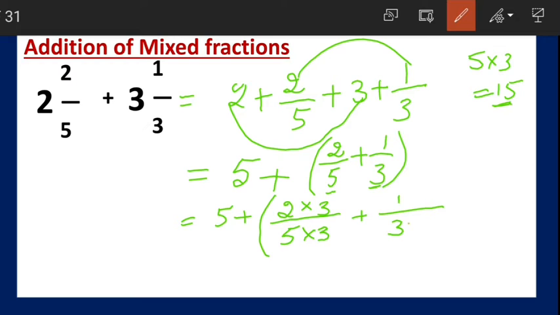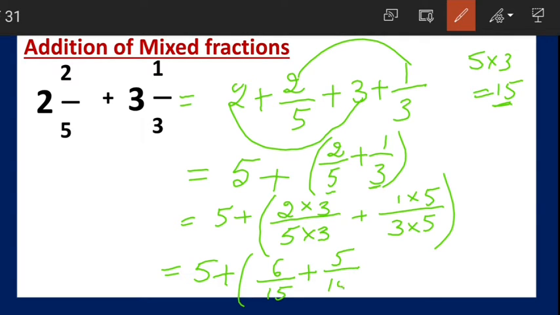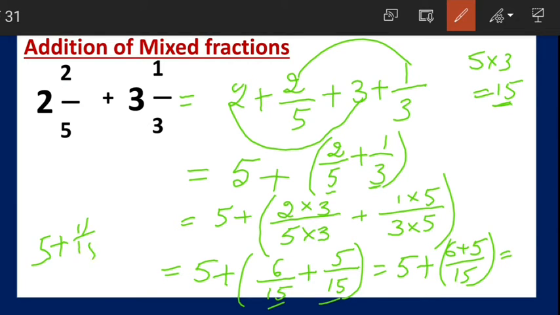To get 15 we have to multiply with 5. 1 also multiplied with 5, which is equal to 5 plus 2 3s are 6 by 5 3s are 15, plus 1 5s are 5 by 3 5s are 15, which is equal to 5 plus 6 plus 5 by 15, because both denominators are 15. So easily we can get 5 plus 11 by 15. So 5 plus 11 by 15, that is nothing but 5 11 by 15 is the answer.